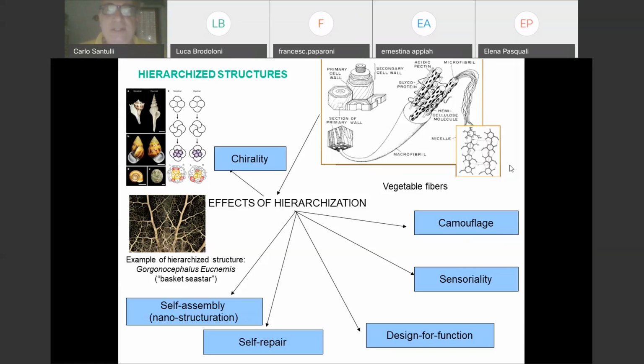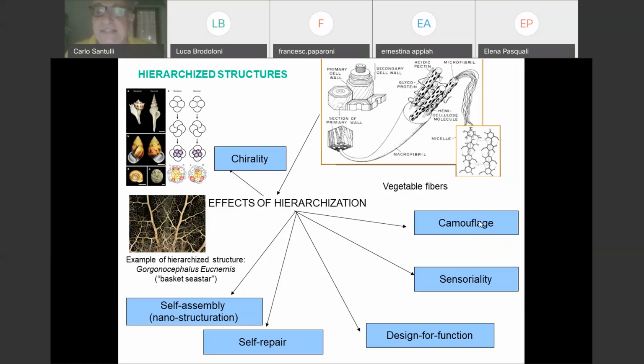Whilst nature acts in another way, it uses a limited number of materials. Nature doesn't use metals. It uses a lot of metal oxides, ceramics. It uses proteins. It uses derivatives of sugars, therefore polysaccharides.